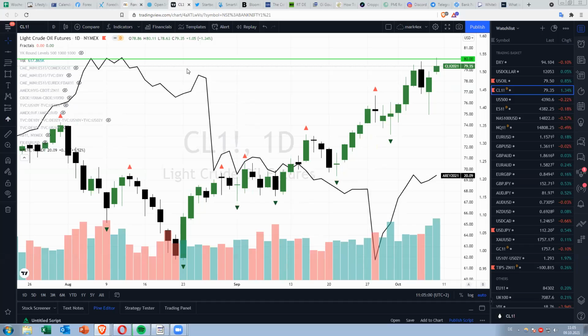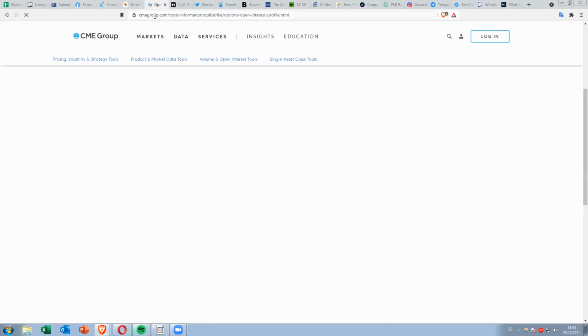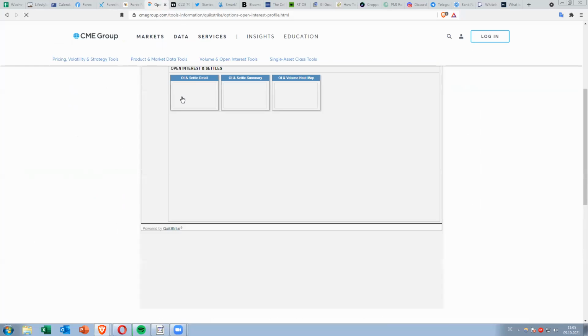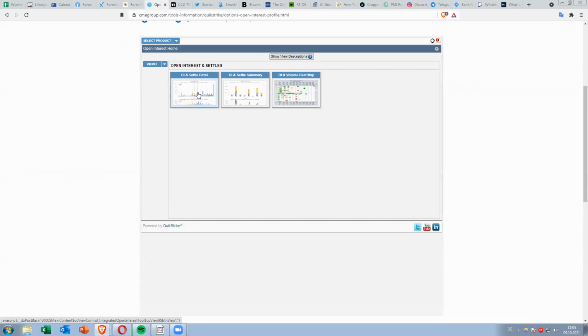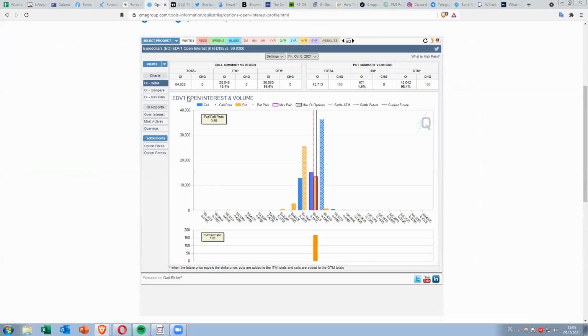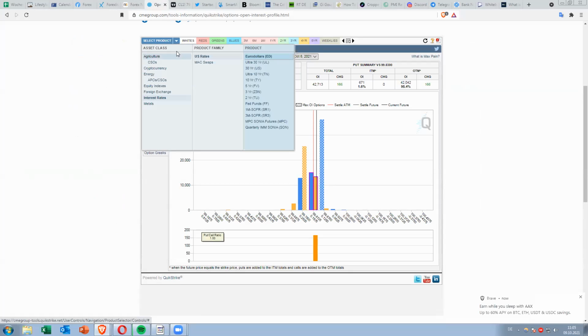This is why this CME Group tool is very powerful, because you can now look at the crude oil open interest. Look, one second. It's loading. Here it is. I need to take my paper out. So we're just going to mark up here energy, and then you take crude oil American.